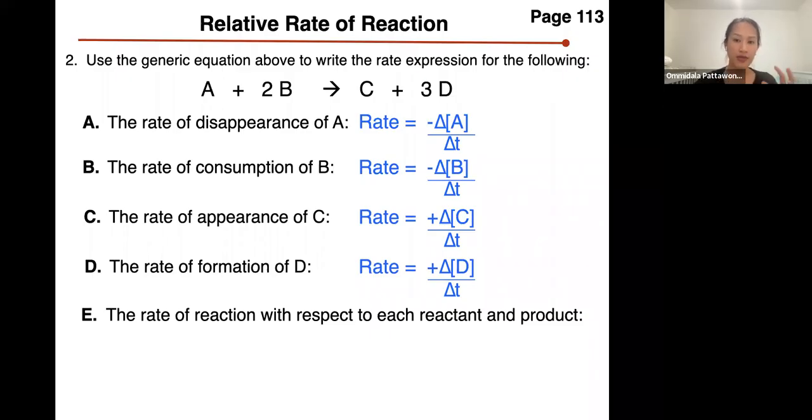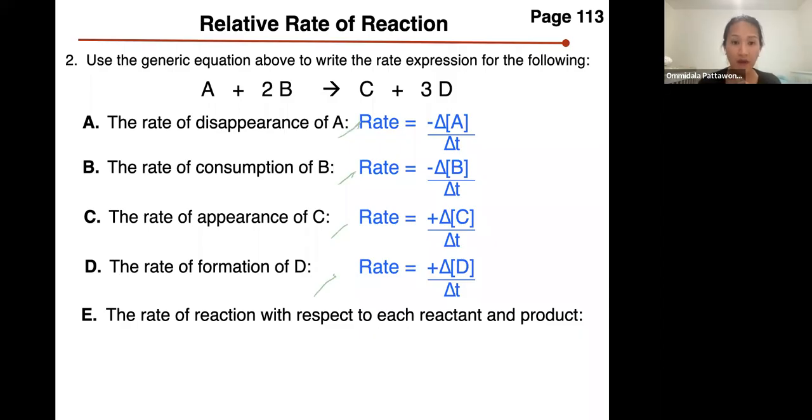Okay, so now get this. This is going to be the most confusing part right here. What we are looking at here is the rate for each of these specific species. We have not looked at the rate of the overall reaction yet.